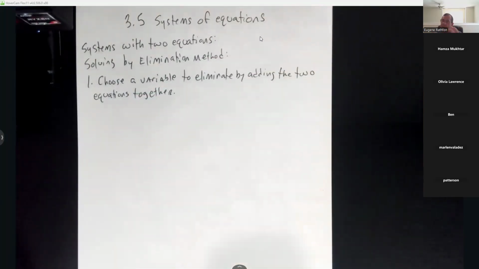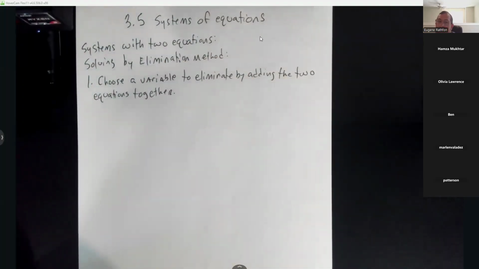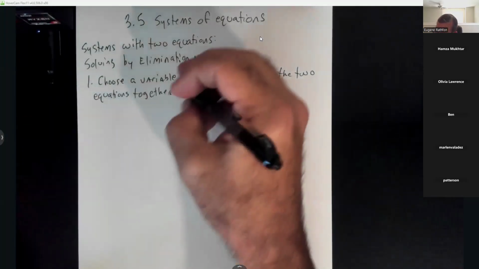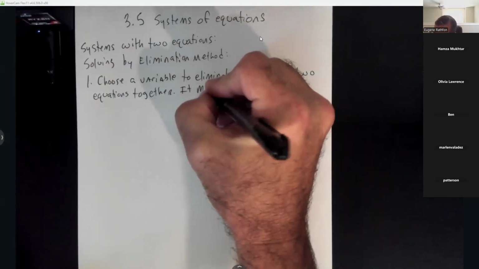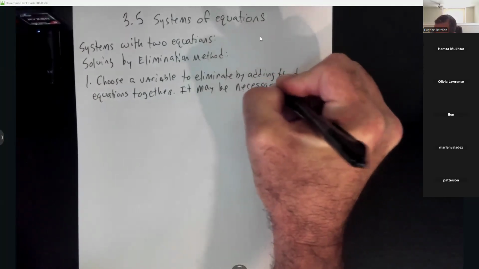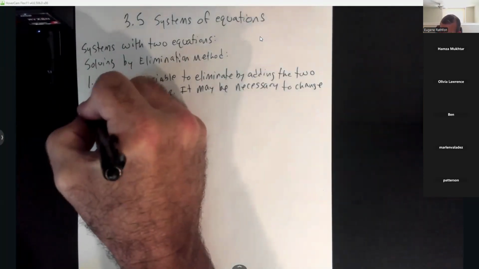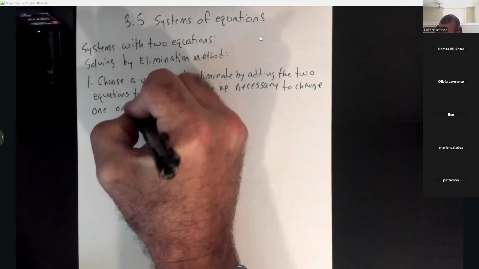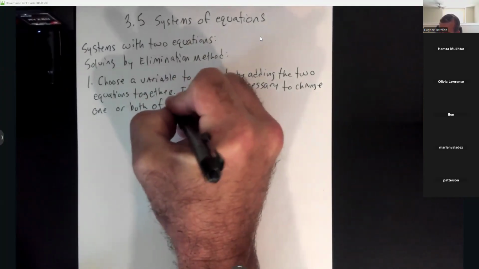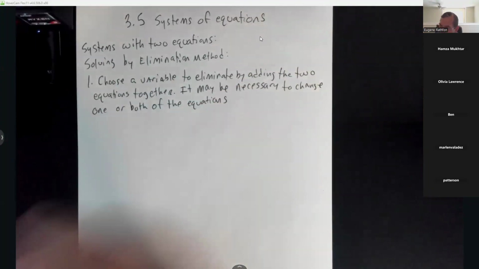So sometimes it's clear what variable you want to choose, but y'all, sometimes it may be necessary to change one or both of the equations in order to get a variable to eliminate. So it may be necessary to change one or both of the equations to eliminate a variable.